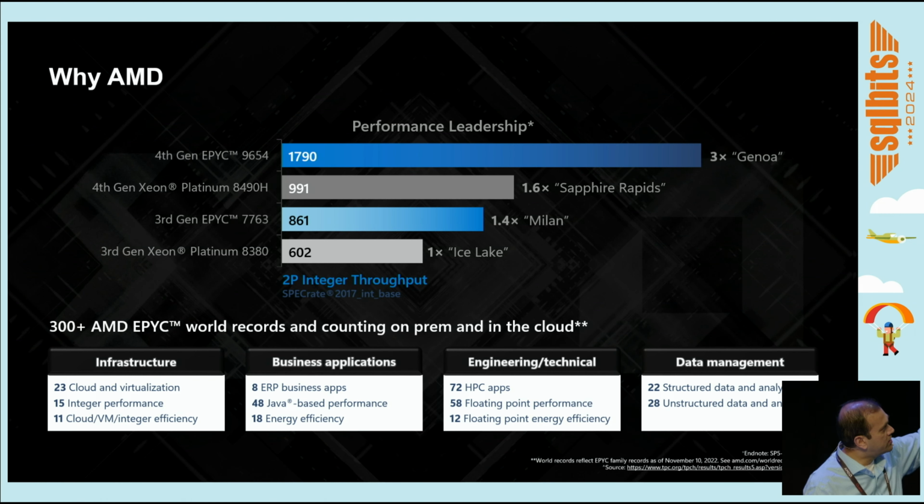And then you can see the third generation ones for reference here. So you can see how much of a performance uplift we provide, especially from an on-prem perspective. When you look at it, it's quite dramatically significant. Based on that, we've been able to create more than 300 world records across a wide variety of applications: infrastructure, business applications, database, which clearly is another area and I'll talk more about it in the next slide, as well as some engineering HPC type applications.